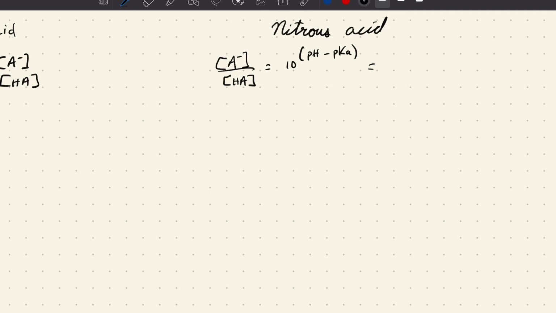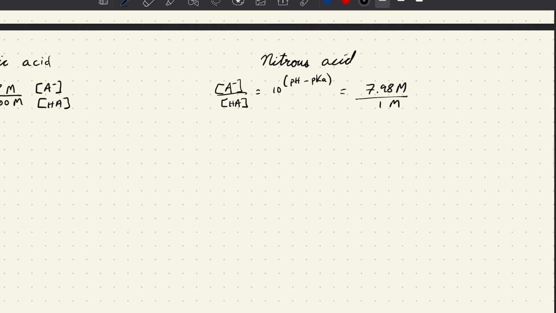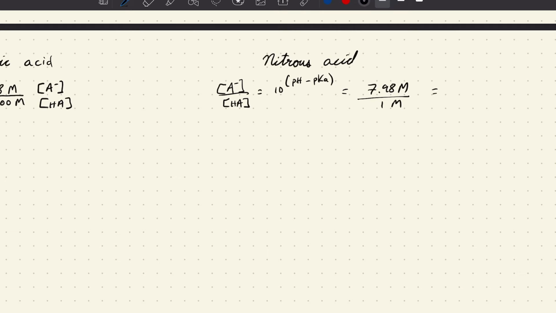When I do that for nitrous acid, I get 7.98 molar to 1 molar. In order to keep this relatively fair, I'm going to max out at around 1 molar. So we're going to do 1 molar of this to 0.13 molar of the acid.